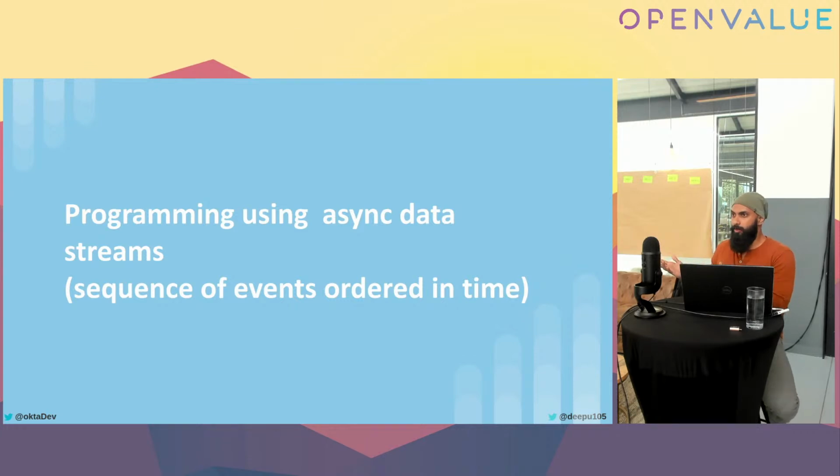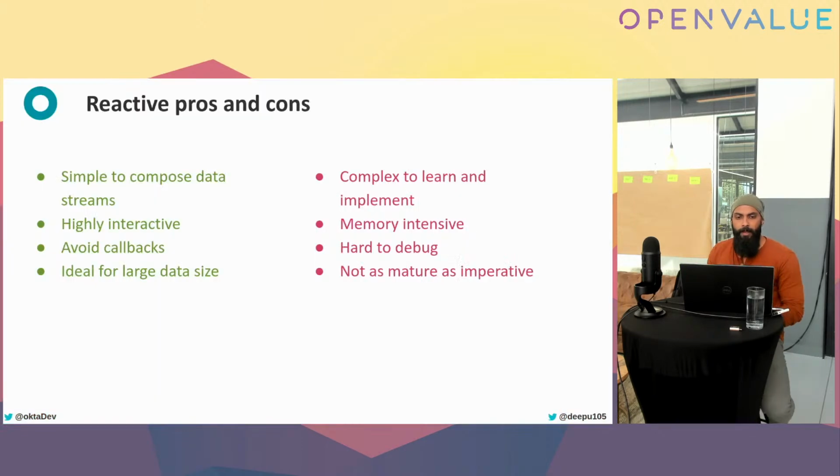Whereas in your traditional MVC kind of architecture, you handle synchronous data. Every request is synchronous. In a reactive model, you are working with event loops and stuff. Everything is asynchronous, and you basically handle events ordered in time.